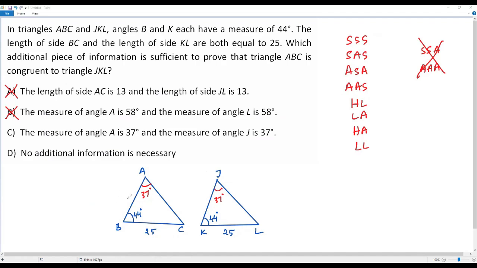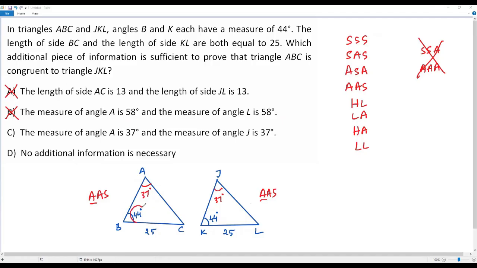Let's consider the order of the parts in the first triangle: angle, angle, side. Let me write it over here. Now the order in the second triangle is also angle, angle, side. That is AAS. Here we have 37 degrees as the first angle, and in the second triangle also 37 degrees as the first angle.